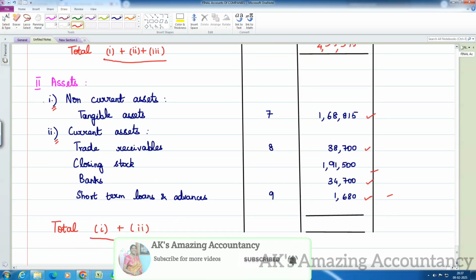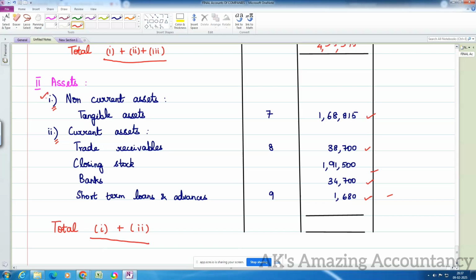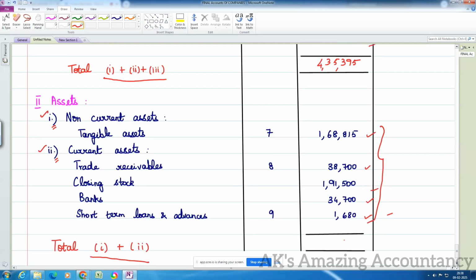What do you mean by the total of 1 plus 2? Total of non-current assets plus current assets. So for this, we'll have to add all these amounts together. So let us add and see how much we are getting here.